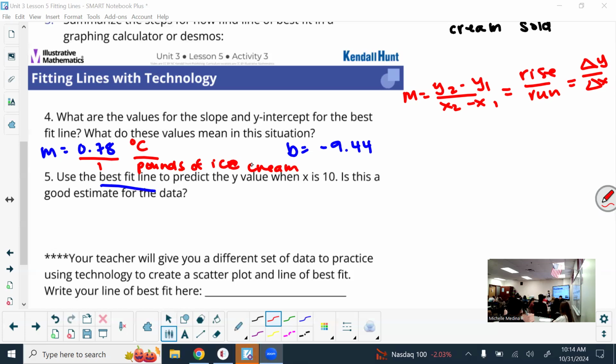So for every 0.78 change in the temperature, there's about 1 pound sold of ice cream on average. Does that mean that is the same amount that happens every single time? No, it's an average. But your slope has y over x, you should mention both. It's how often the y changes for every increment of x. Questions on that?